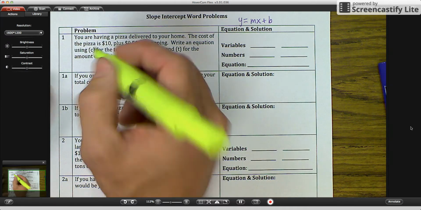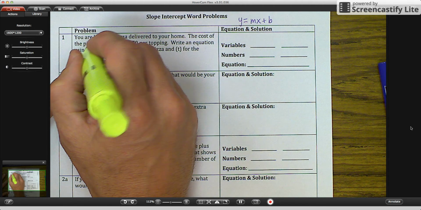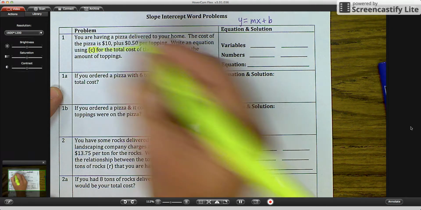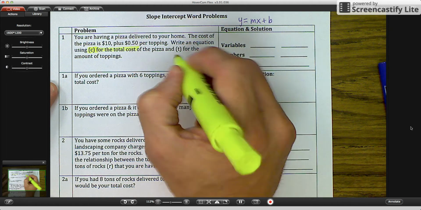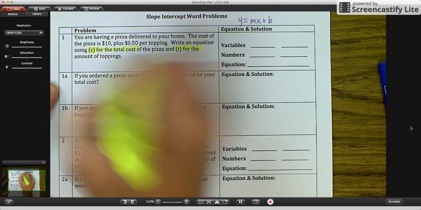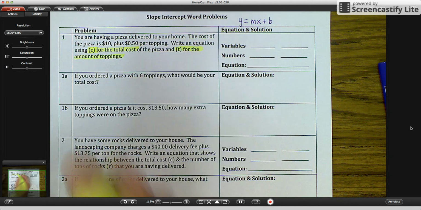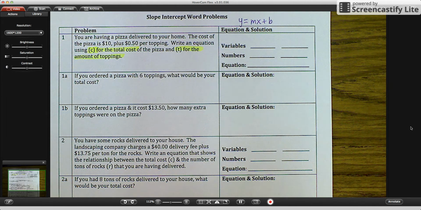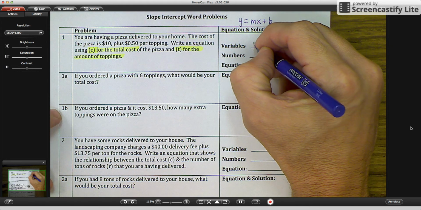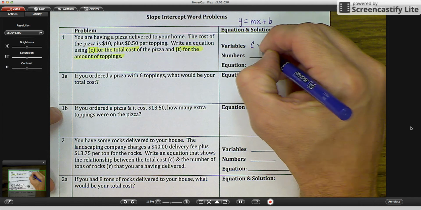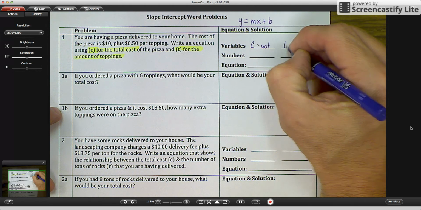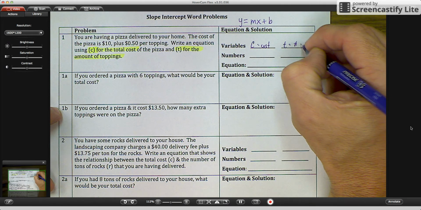In all of these, you're going to have two variables, and they're going to tell you what they stand for. C for the total cost and T for the amount of toppings. I would fill those in over here: C, cost; T, number of toppings.